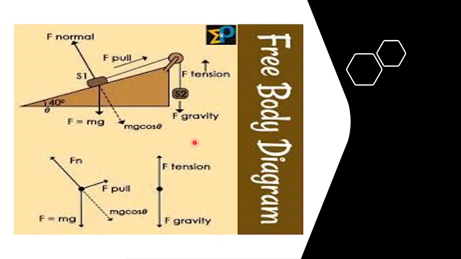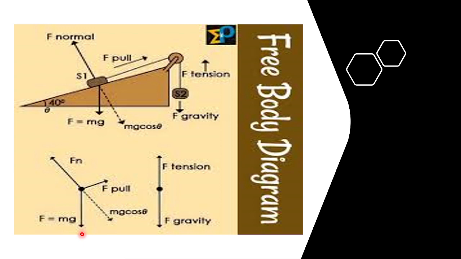Here is an example of free body diagram. You can see this. This is actually a free body diagram, not this one, because here you see the dot. This block is here a dot only. So this is a free body diagram. And you can see the three arrows, 1, 2, and 3. And these are the forces. And this is a labeling, F equals mg.